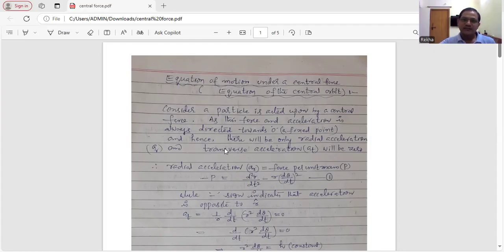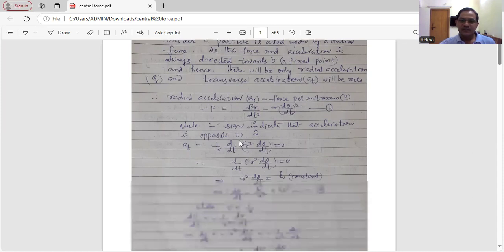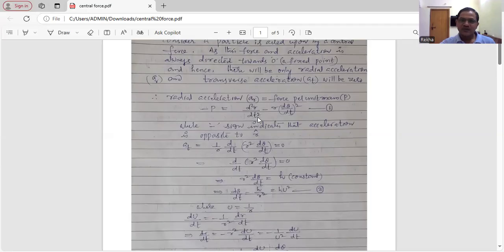We know that the radial acceleration is equal to minus p, that equals d square r by dt square minus r (d theta by dt) whole square.